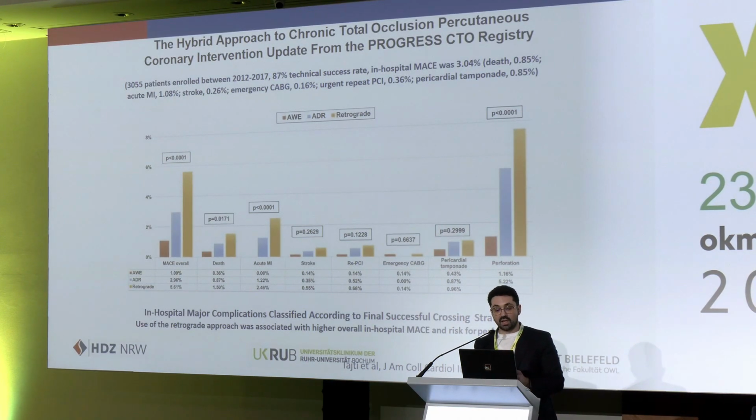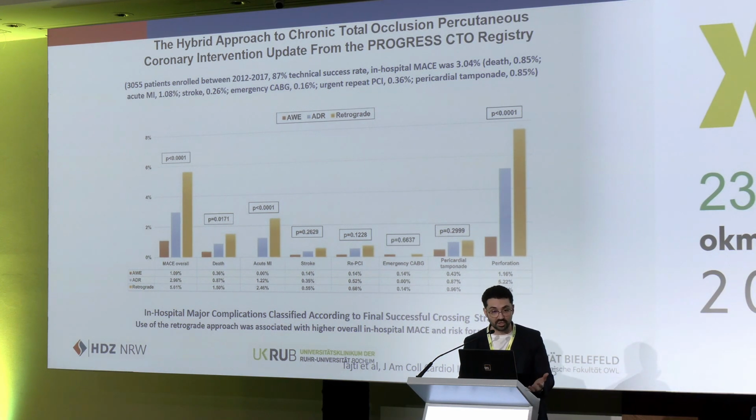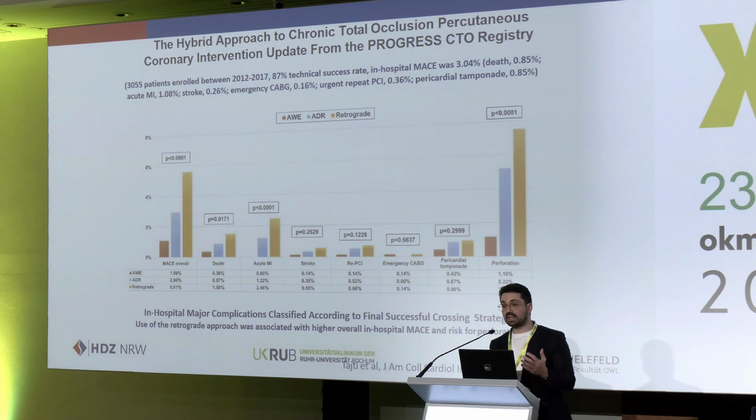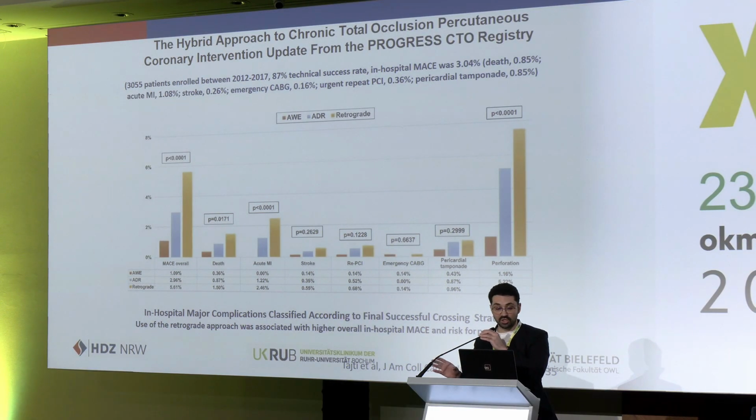As has been mentioned in the previous presentations, if you go retrograde or if you do ADR, as you see here, you have a higher rate of complications, you have a higher rate of perforations. In my opinion, it's related to the complexity of the procedures.